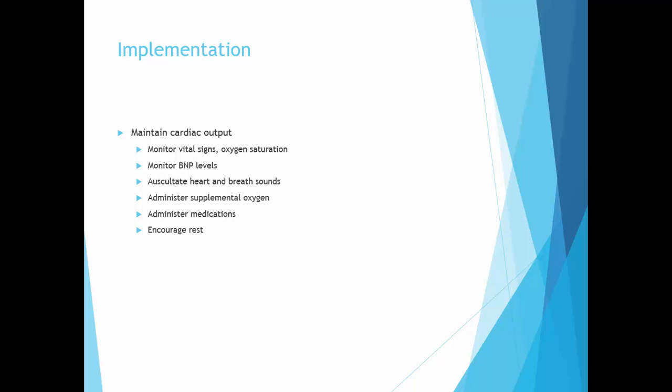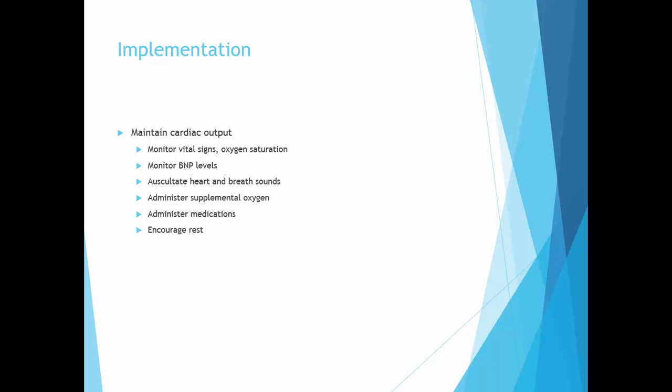So if you have somebody that you suspect is in heart failure, you can do a BNP level, and it will show you how severe their heart failure is, because they can get actually pretty high, and just kind of shows how much fluid overload they do have. You want to auscultate heart and breath sounds regularly so that you'll know when there's any difference. Administer supplemental oxygen as needed.